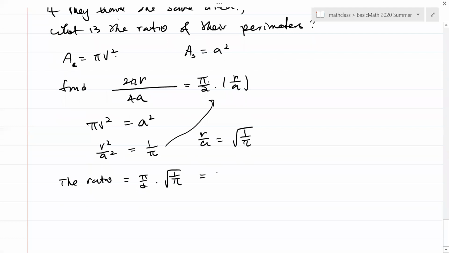So you have pi over 2 square root pi, and if we simplify, that is going to be square root pi over 2. The reason is pi can be written as square root of pi times square root of pi. Good.